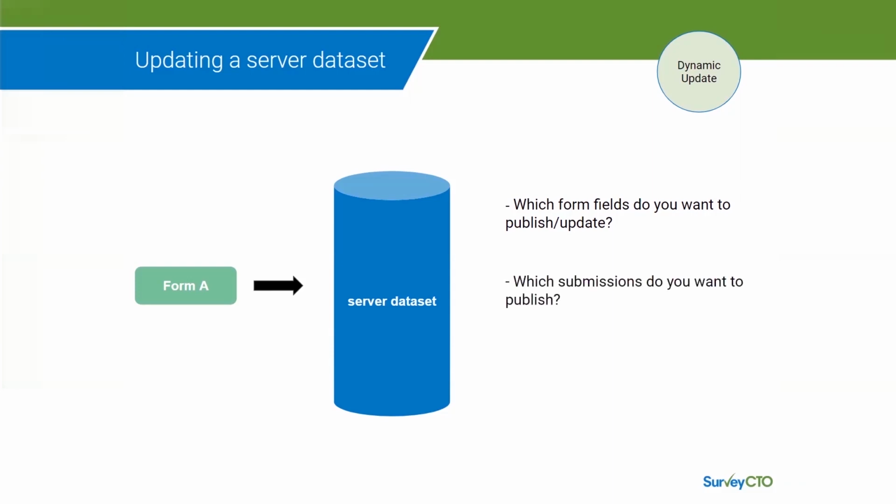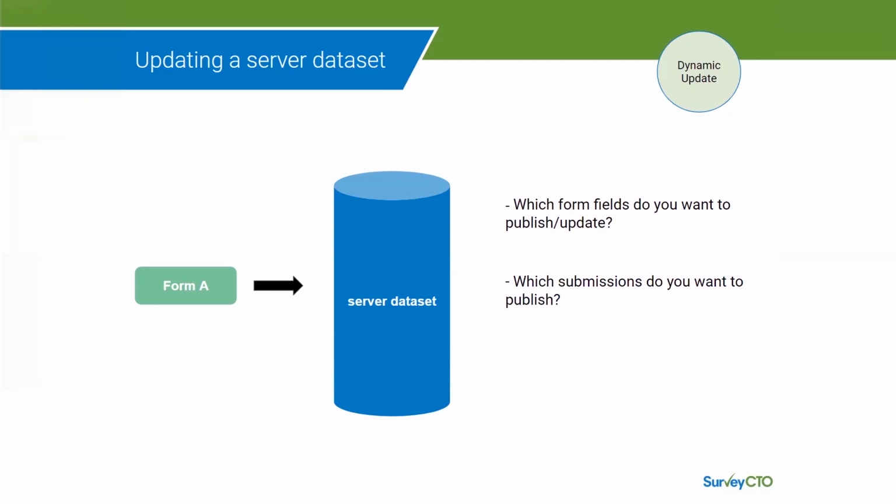Which submissions do you want to publish? Although you don't need to allow for publishing all incoming submissions. Let's imagine that you are assessing the eligibility of respondents. You can create a field that evaluates 1 when the respondent is eligible and 0 otherwise.